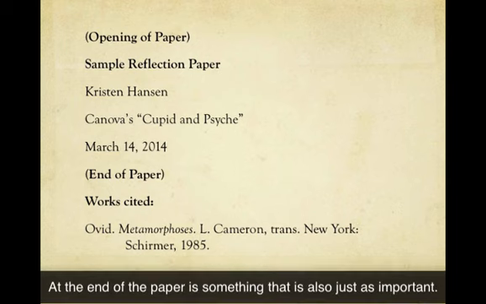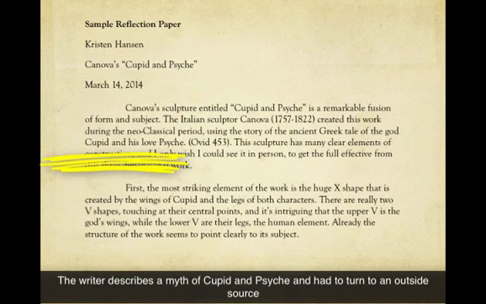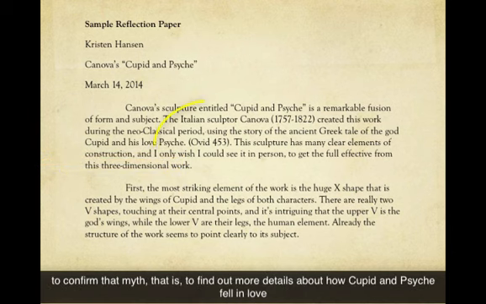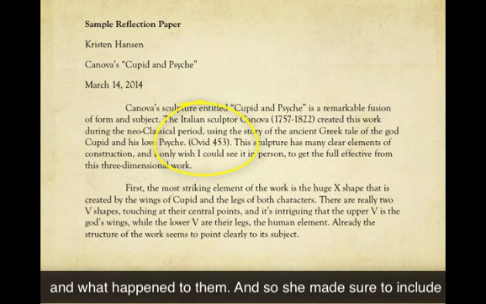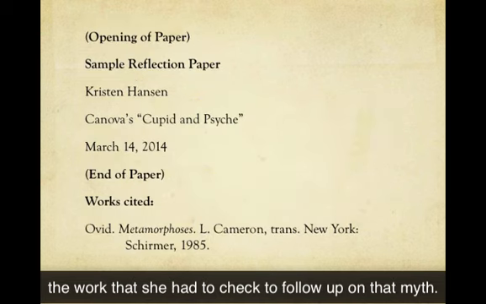At the end of the paper is something that is also just as important. The writer describes a myth of Cupid and Psyche and had to turn to an outside source to confirm that myth. That is, to find out more details about how Cupid and Psyche fell in love and what happened to them. And so she made sure to include the work that she had to check to follow up on that myth.